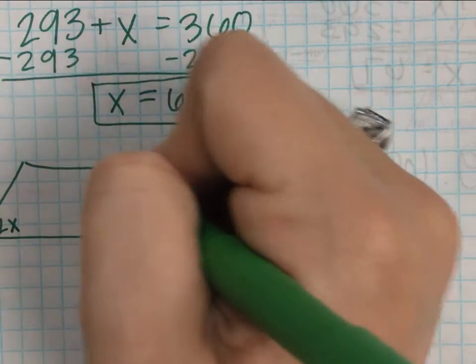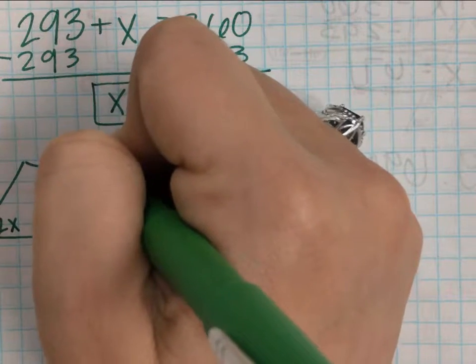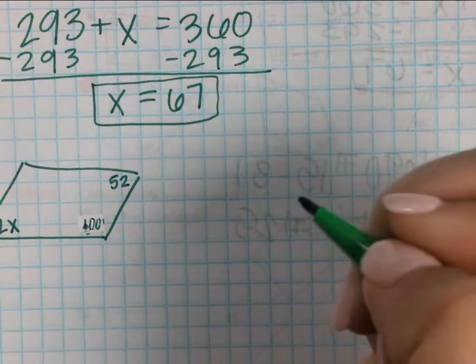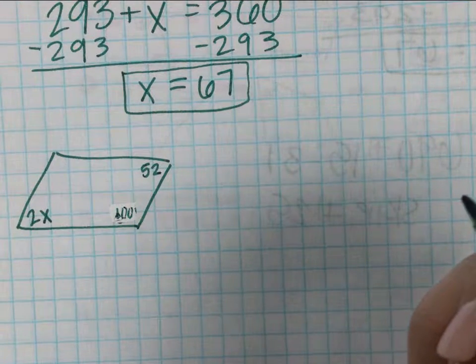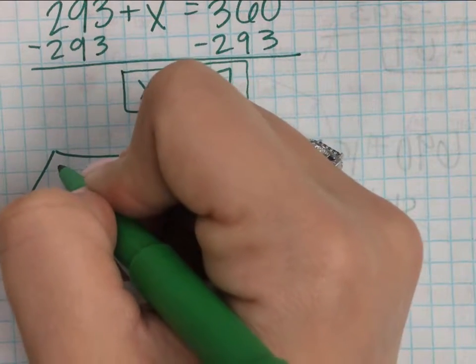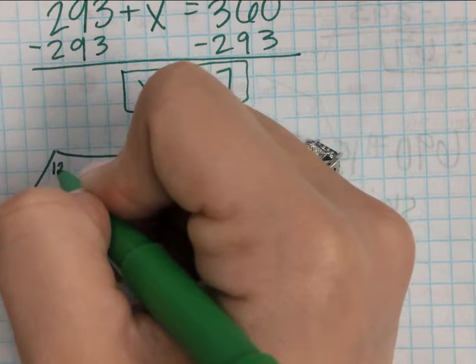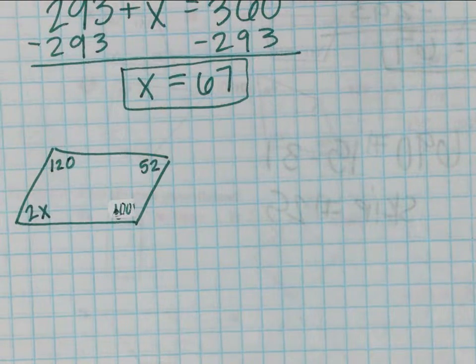And then let's say this one is just a quadrilateral. I don't know. It doesn't matter what it is. Okay, let's see if this works out. I'm just making this off the top of my head.